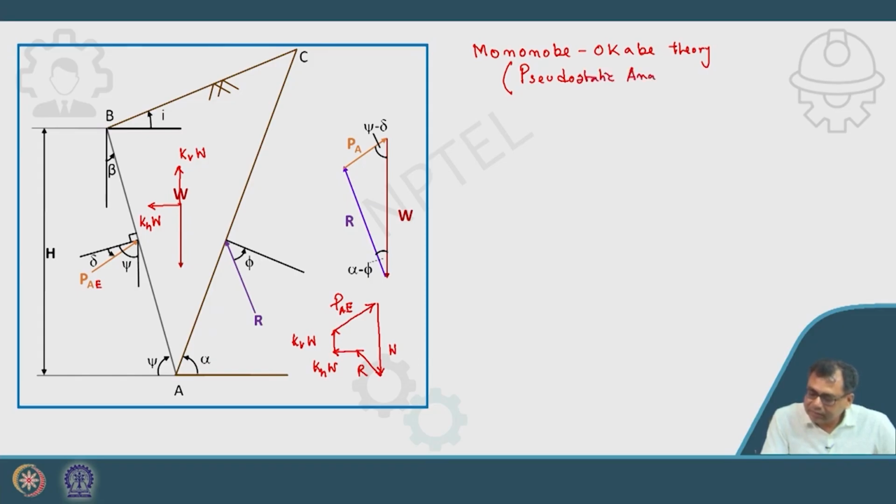Pseudostatic analysis, where these two forces, the horizontal force kh into W and the vertical force kv into W, will be introduced. As I mentioned during slope stability analysis also, sometimes this kv is neglected because the effect of kh is significant as compared to kv.